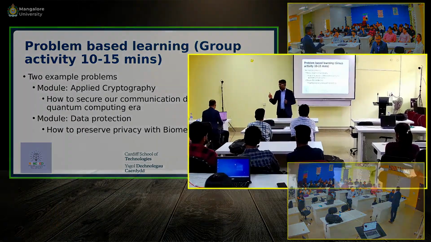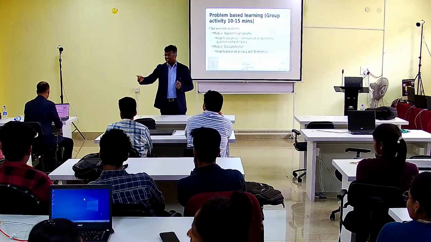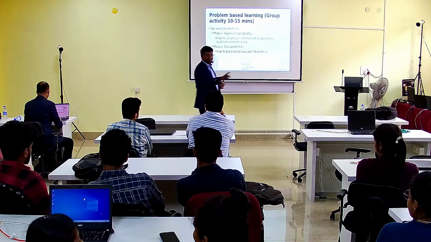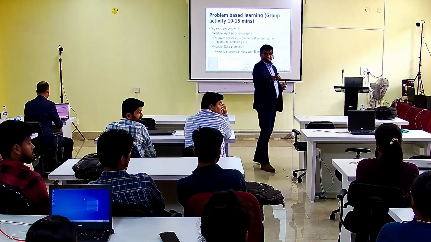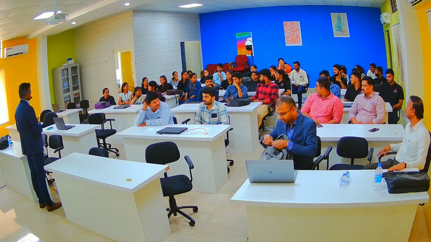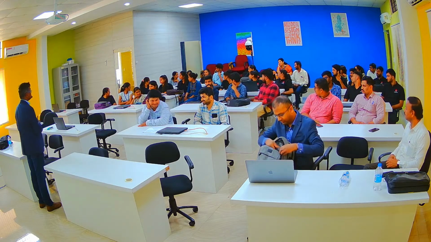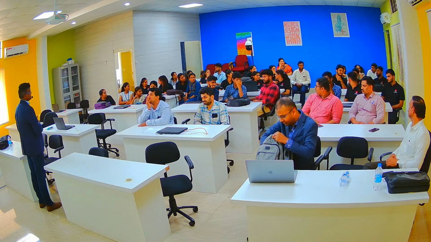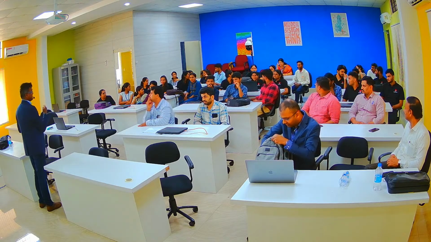Shall we count from 1 to 7? Yeah, you are 7. That's great. So all the ones can come to one table, all the twos to another table. So you can group together.